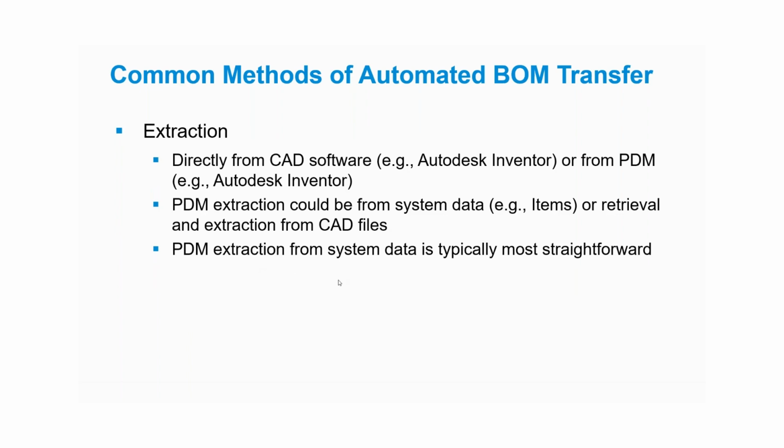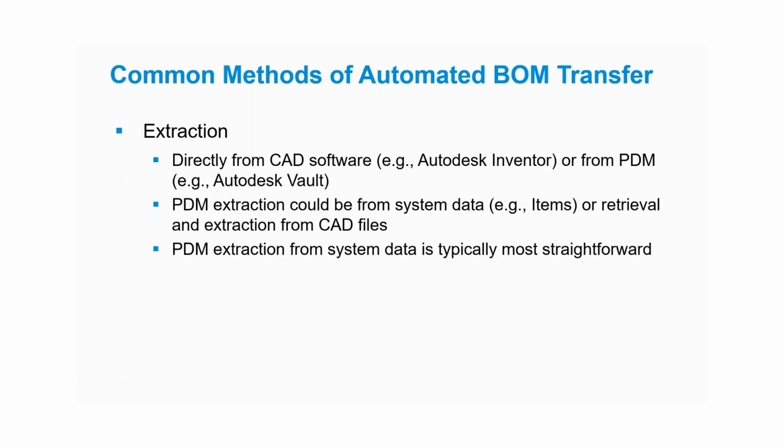So just to briefly talk about each of these steps in a little more detail, the extraction, that might be directly from CAD software, like from Inventor. It might be from a PDM system like Autodesk Vault, right?